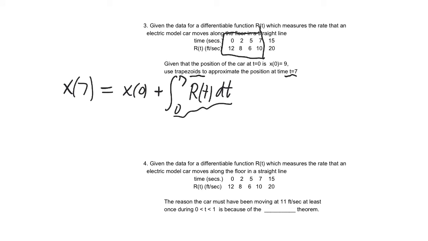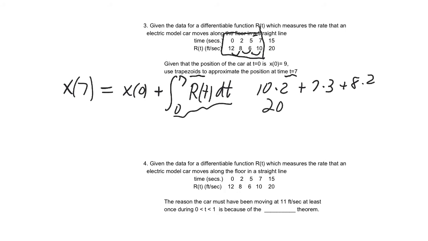So the first trapezoid, you average the two heights, and that would be 10 times the width, which is 2. The next one, you average the two heights, which is 7, times that width, which is 3. And the last one, you average the two bases, or the two heights, and you get 8 times the width, which is 2.